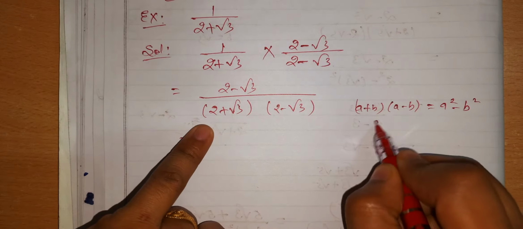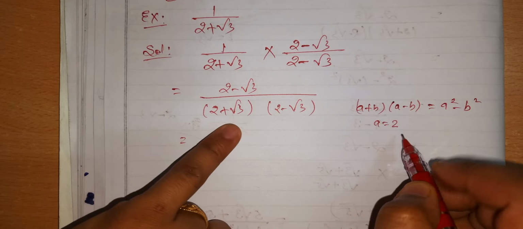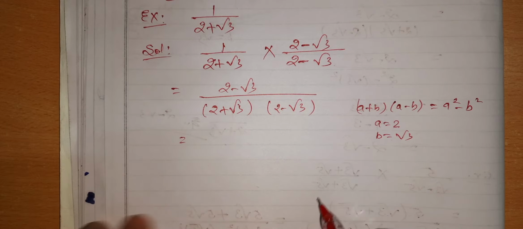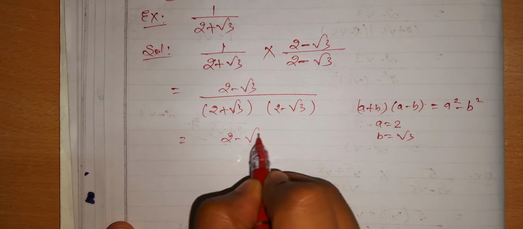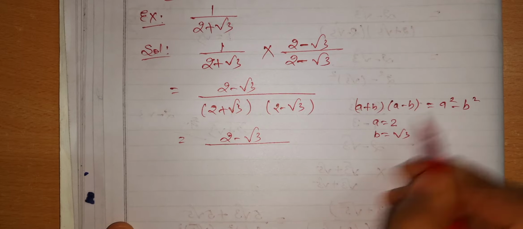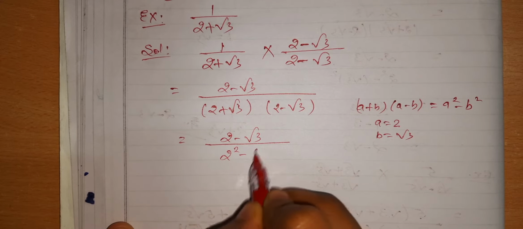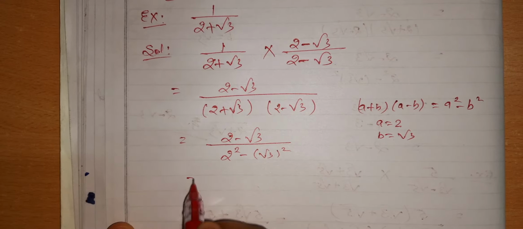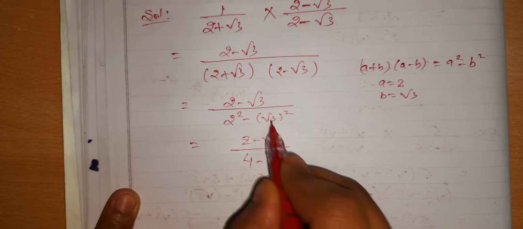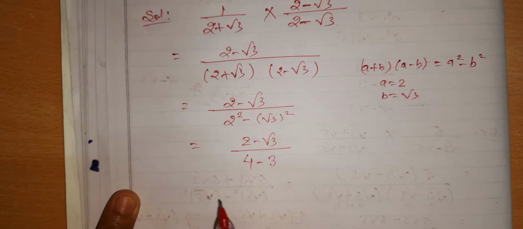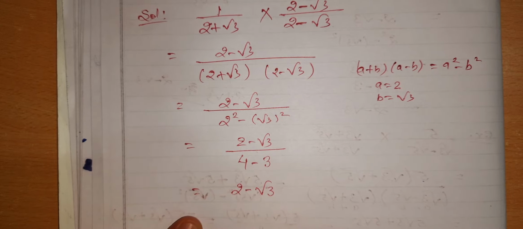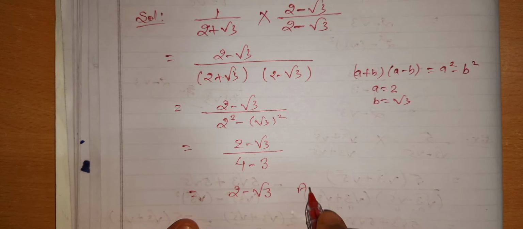Here we have 2 in the place of a and root 3 in the place of b. So in the denominator you will get 2 square minus root 3 square. We know that 2 square is 4 and root 3 square is 3, so the denominator is 1. So the answer is 2 minus root 3.